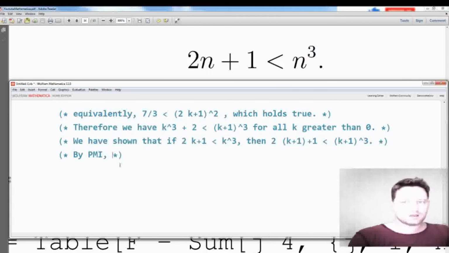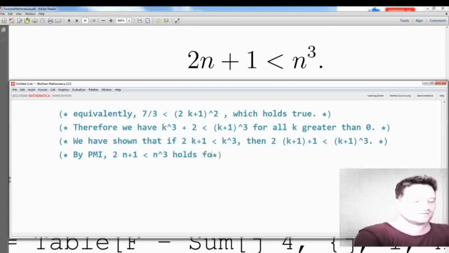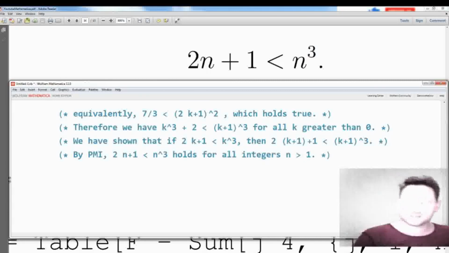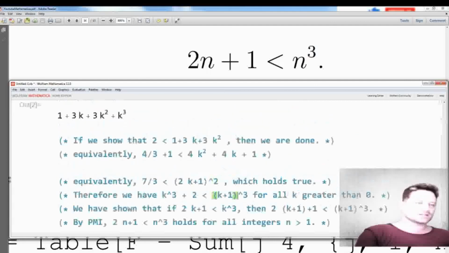So this, where we have an n here, holds for all integers n greater than 1. Okay, so for all integers n greater or equal to 2. All right, and that's that induction proof complete. All right, but of course you'd want to write this by hand. You can just get a few little hints by doing some of the calculations in Mathematica.